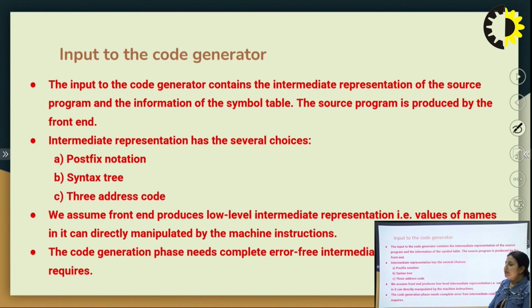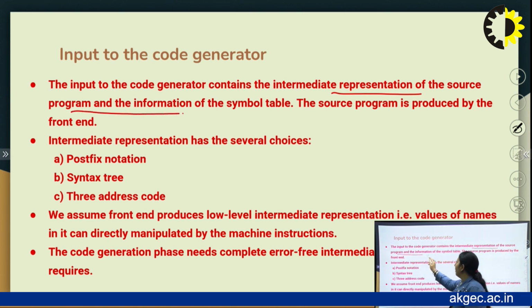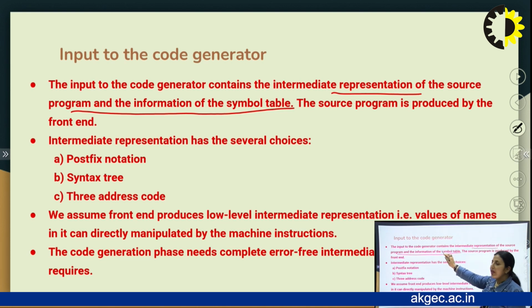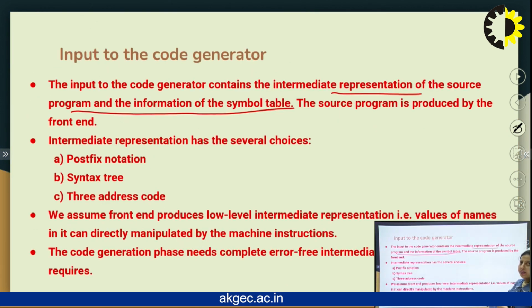So let's discuss the first design issue of code generation, that is the input to the code generator. The input to the code generator contains the intermediate representation of the source program and the information of the symbol table. It is the optimized intermediate code and the information present in the symbol table.